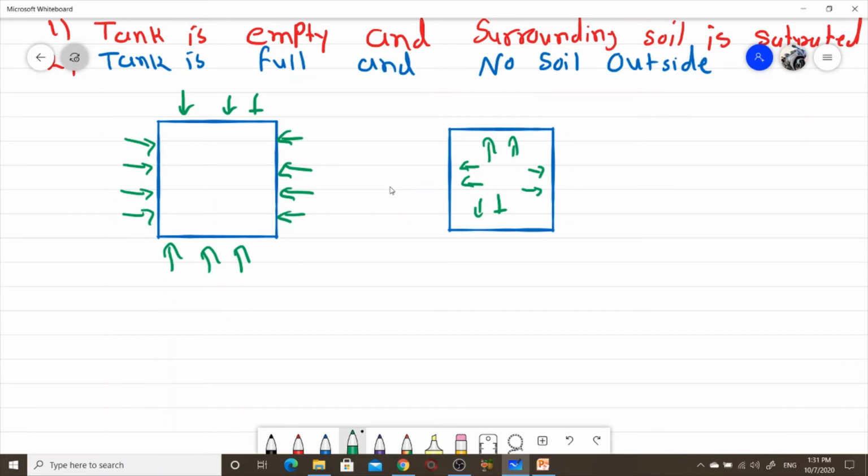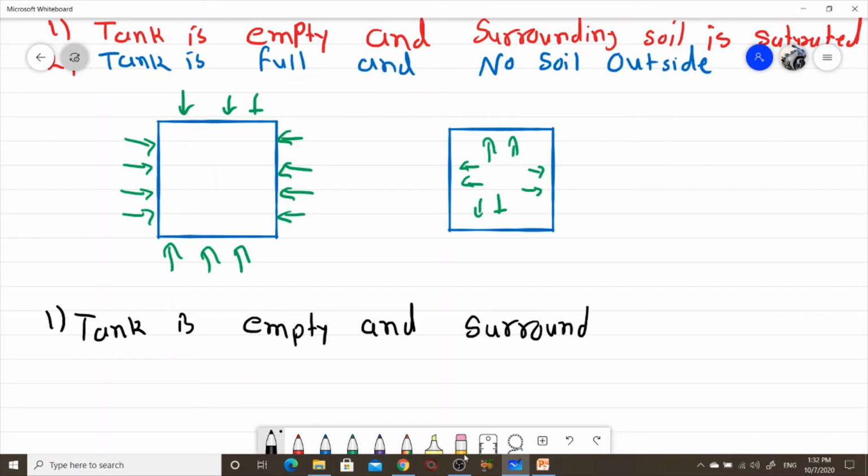Now we have taken two conditions, but only one condition we are using for the design. The first condition is the tank is empty and the surrounding soil is saturated.